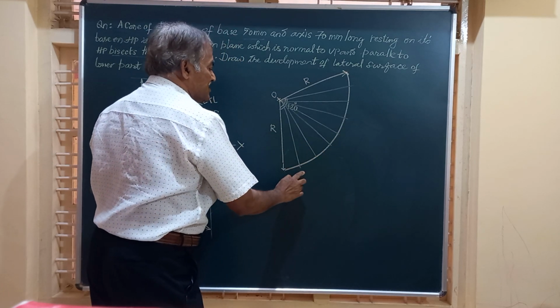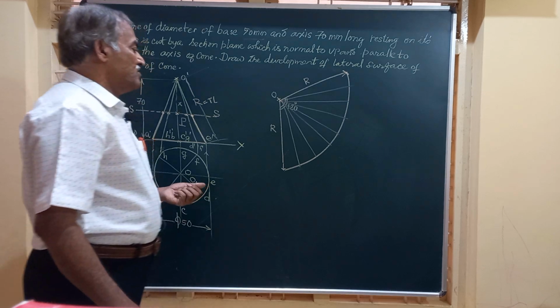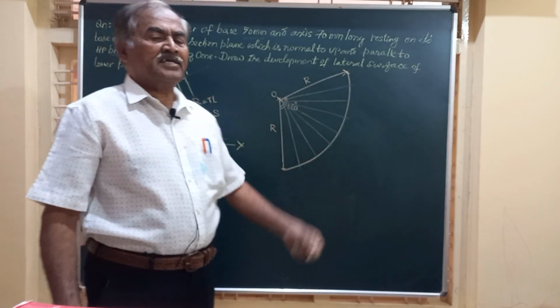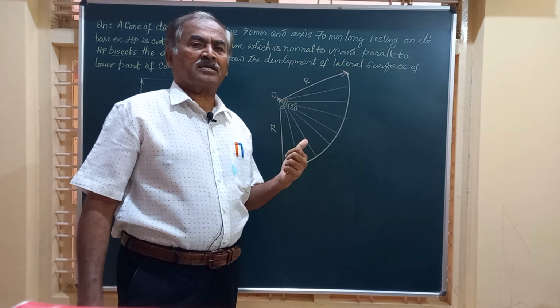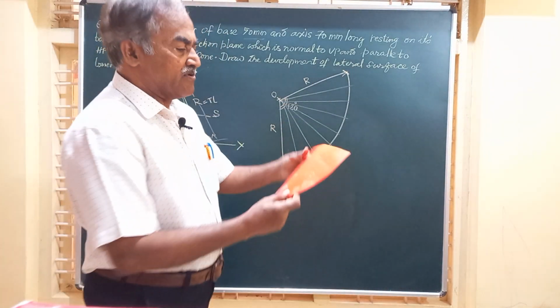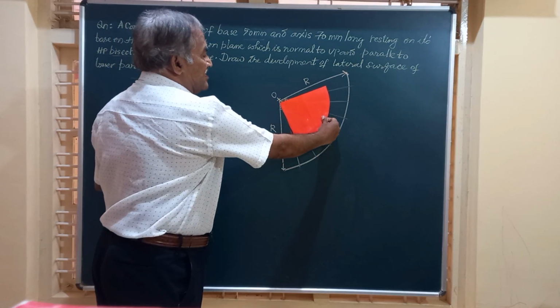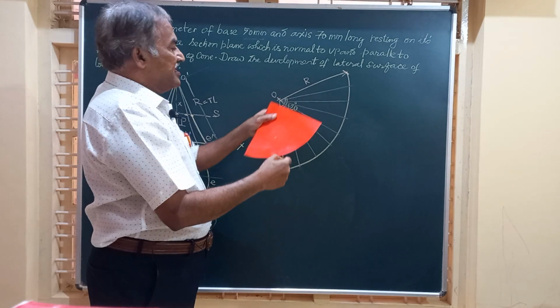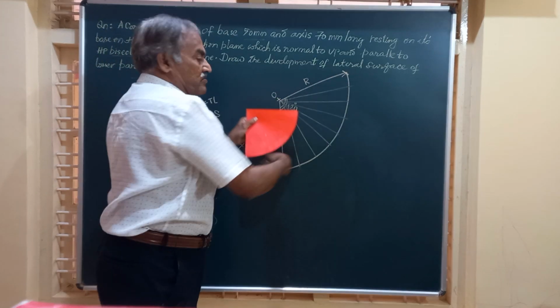Friends, remember this is the arc of a circle. After marking the development, assuming it is not cut by the section plane, you are going to get the development as a part like this. This is capital R, and this is this curve.